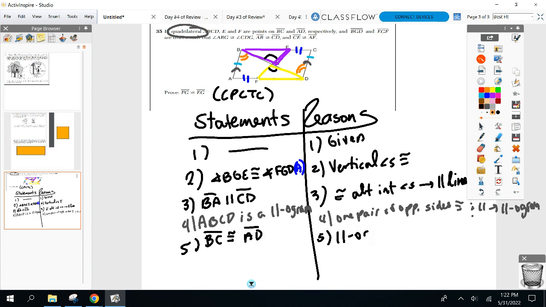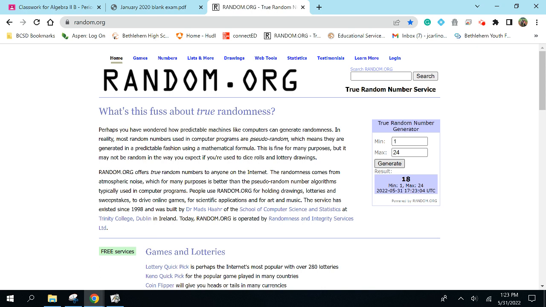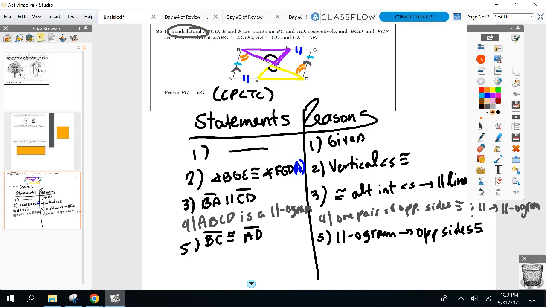What property did you just use there, Matt? Parallelogram implies opposite sides congruent. Anybody seeing why I'm going to need that property? Because it was given AF and EC. What do I do with the 2 to get a side in my triangles now?